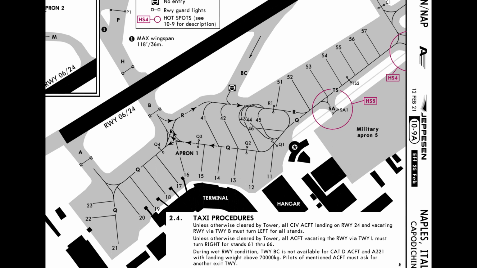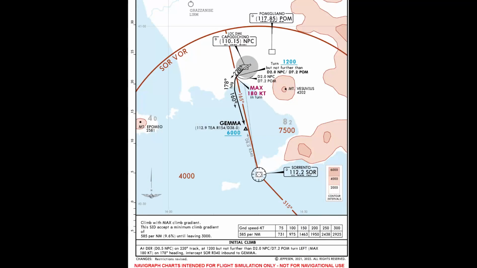Before I forget, I need to let you know how to depart out of Napoli, especially runway 24. And that is due to the terrain situation and also noise abatement situation.